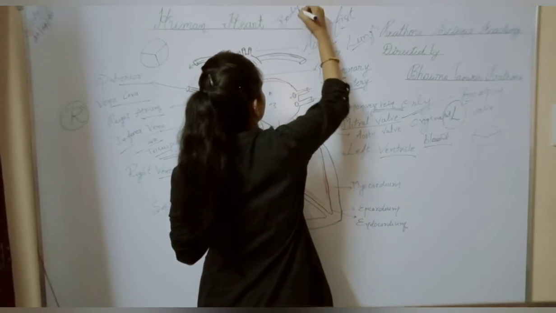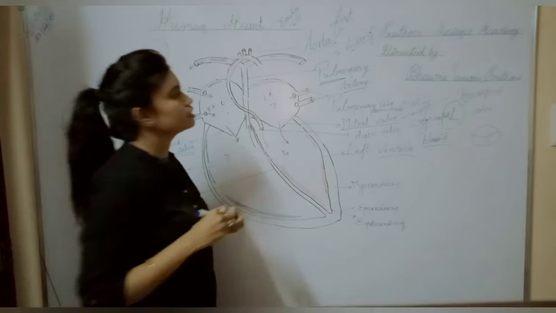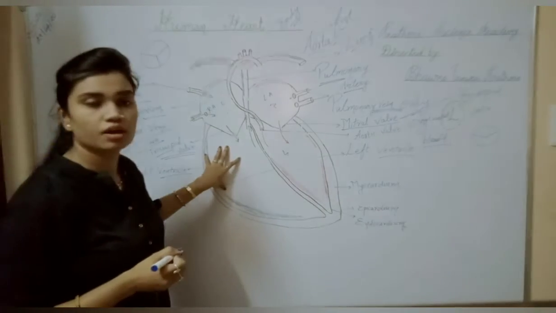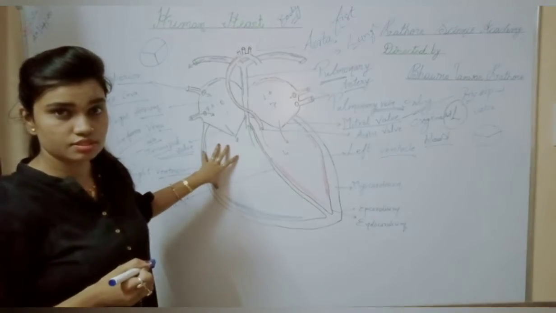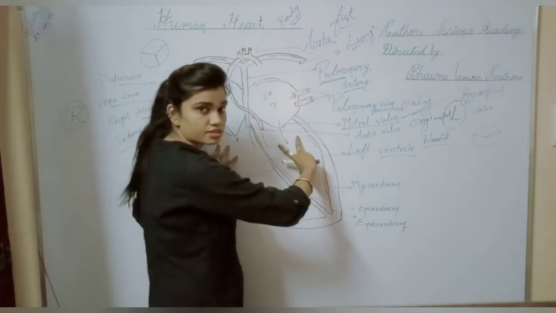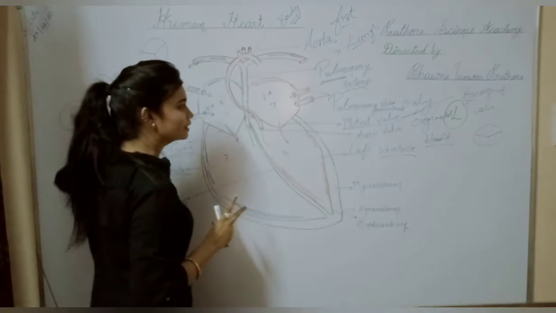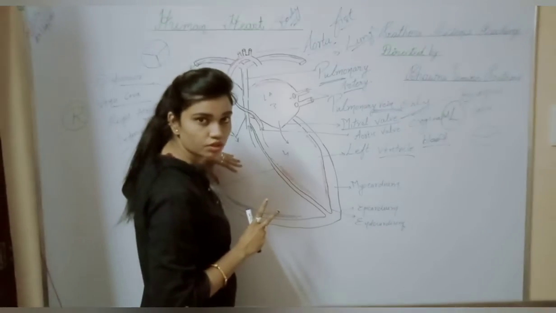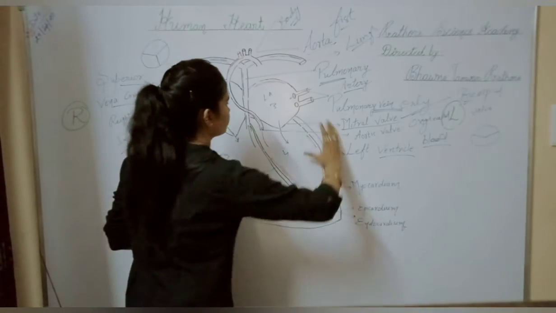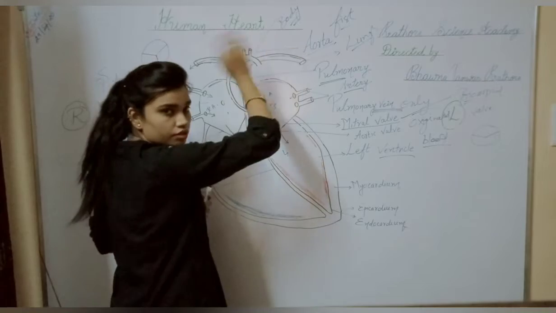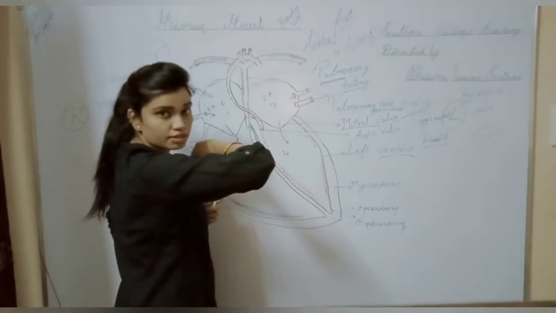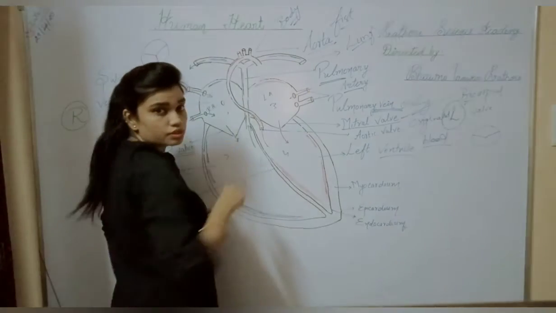Now, if you have seen in this process, one side of the heart has deoxygenated blood and the other side has oxygenated blood. From here we are taking the impure blood from the organs, and from here we are supplying oxygenated blood to the organs.